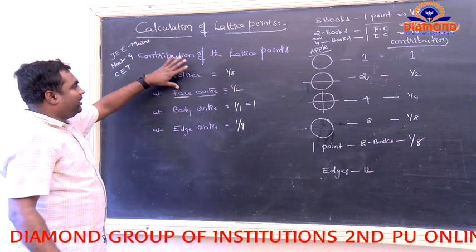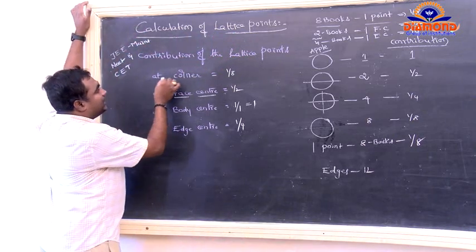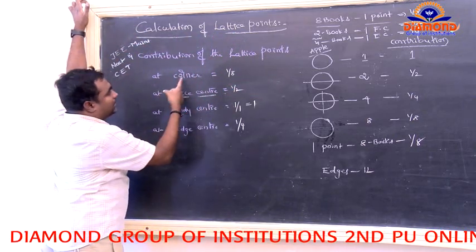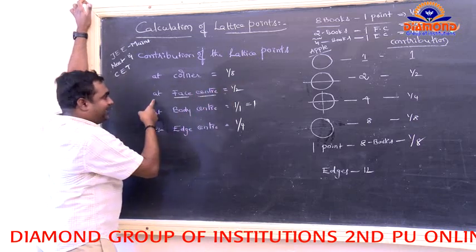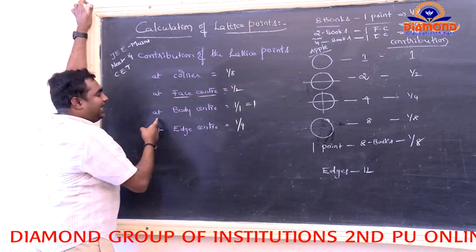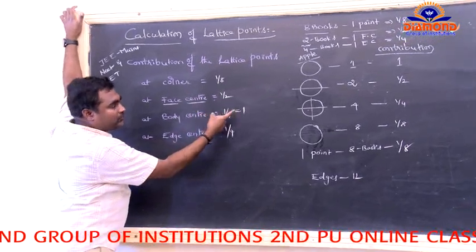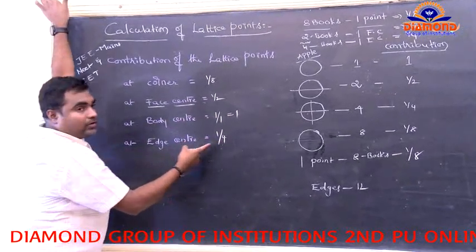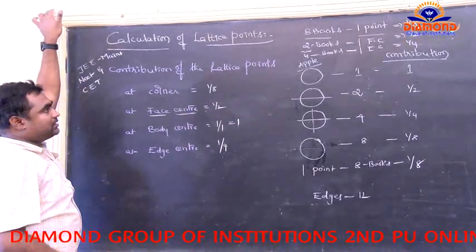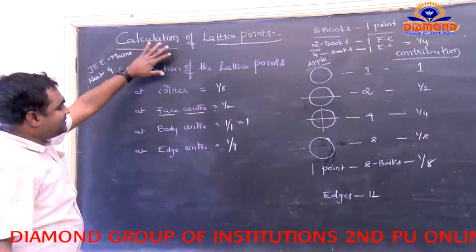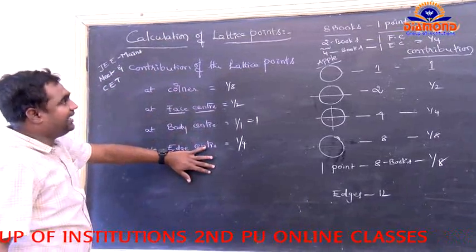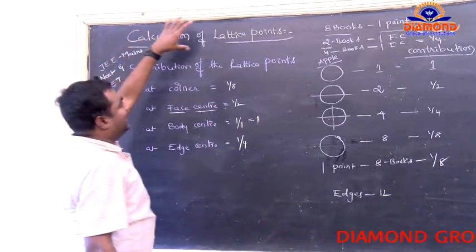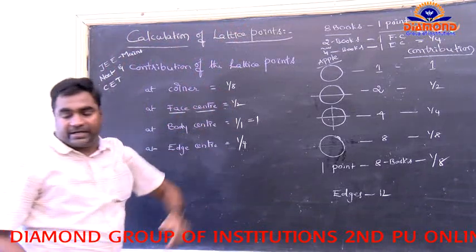So you have to remember: the contribution of the lattice point at the corner is 1 by 8, at the face center 1 by 2, at the body center only 1, and at the edge center 1 by 4. Based on the contribution of the lattice points, we have to calculate the atoms.